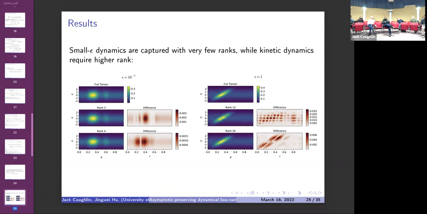So in this kinetic regime, we see this is starting to do this filamentation thing, and we do indeed require a higher rank, right? So at rank 20, the solution looks pretty good, but at rank 12, there's this sort of interesting looking error somehow due to the bases not properly capturing the solution.